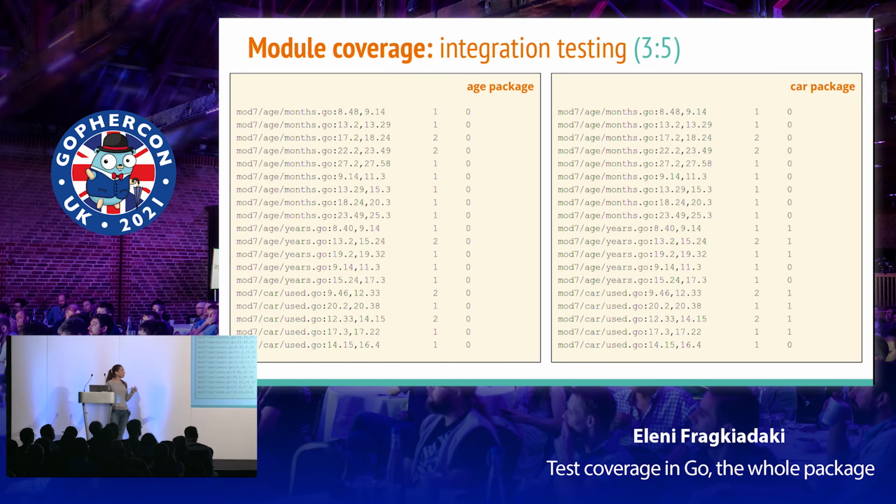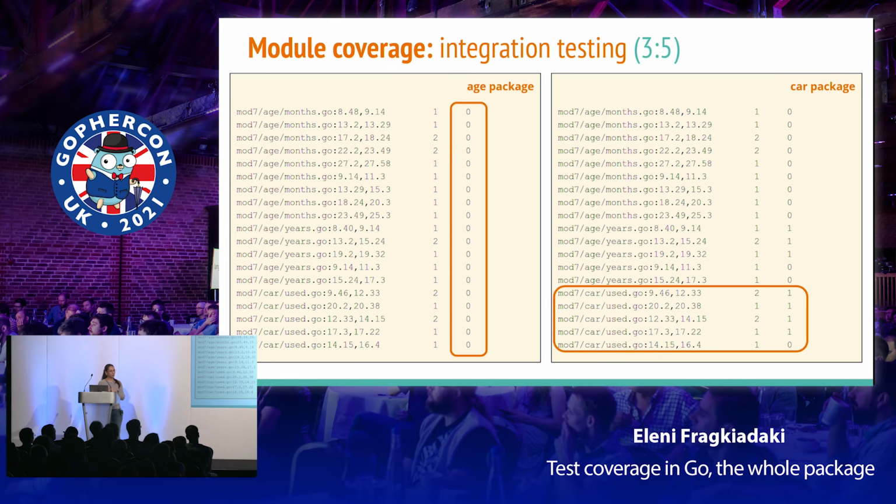But what we are going to see is that the coverage profile actually runs the statistics twice, from the perspective of each of the packages that we have. So from the perspective of the age package, this is all the code that we have. And the age package doesn't actually test anything else. Actually, it doesn't test anything, and that's why everything is set to 0. And we can see that here.